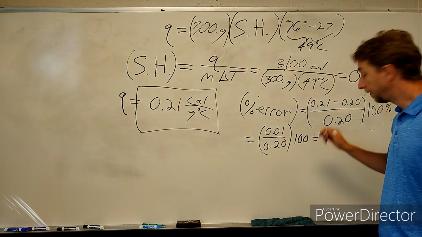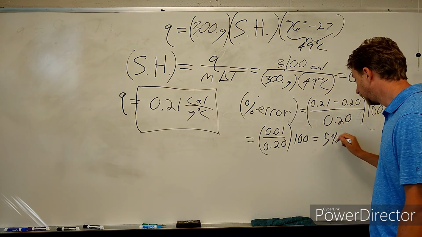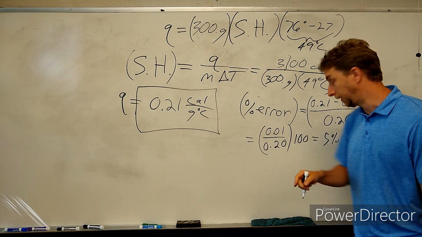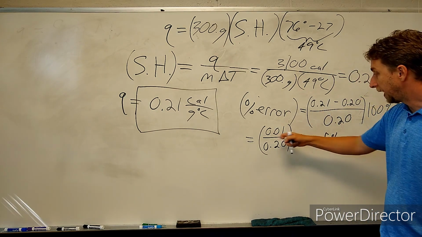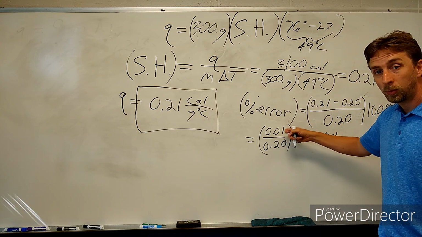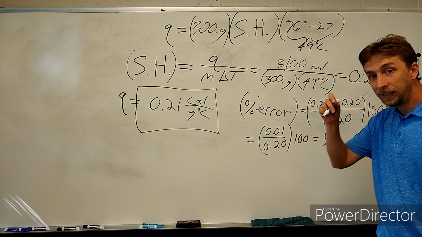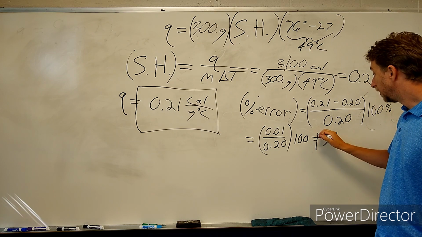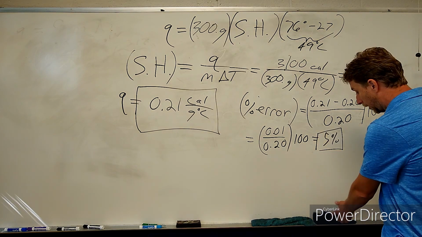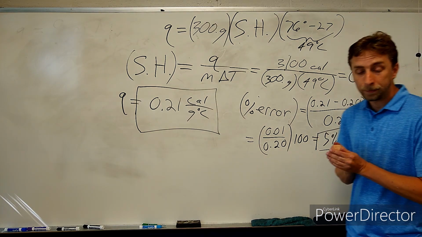That equals 5%. You only get one significant figure on this. Whenever you do this subtraction, you come up with 0.01. That's just one significant figure. That 0 right there isn't significant. Leading zeros are never significant. So there's a 5% error according to the results that we got here.